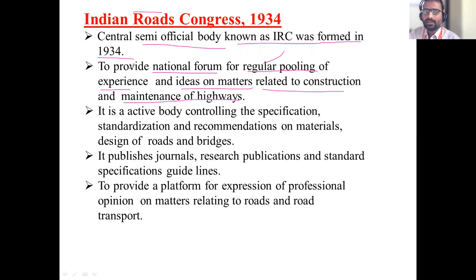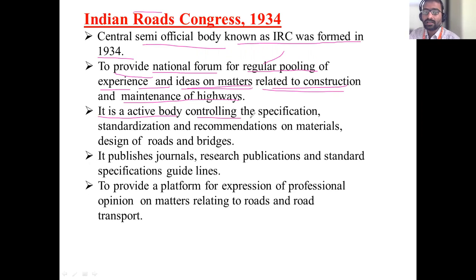It is a national forum all over India, not restricted to one place. This IRC will give the ideas and experience on matters related to the construction and maintenance of the highways.